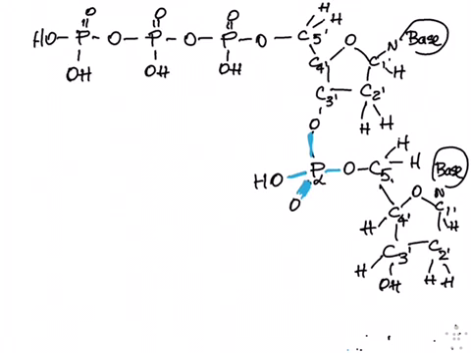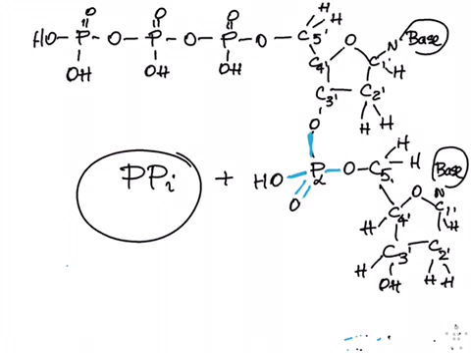I don't know if it's clear to you or not, but it is a double bond. There you go. And at this point, I also want to show you the PPi, the pyrophosphate, has left. Okay, the water molecule had left. And we have a dinucleotide that has formed, okay?